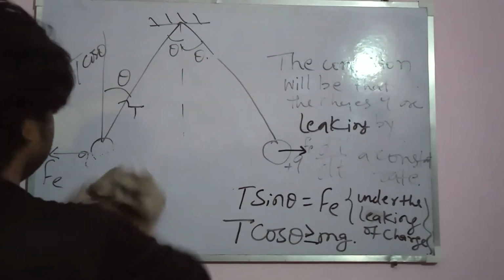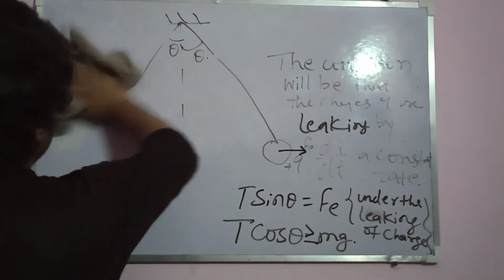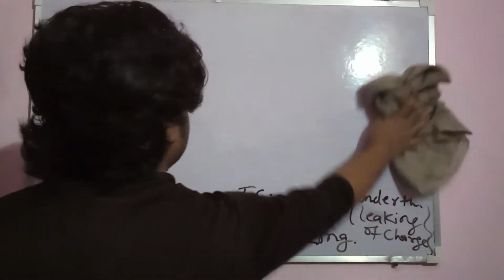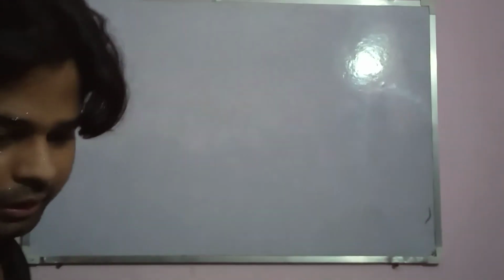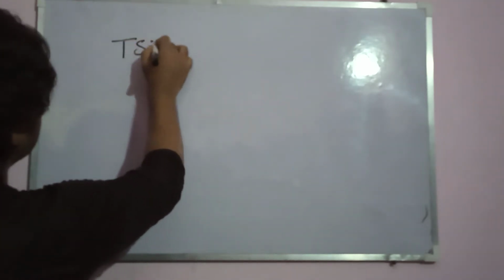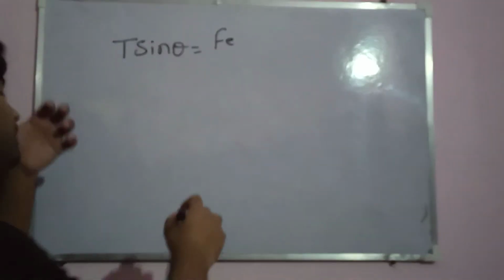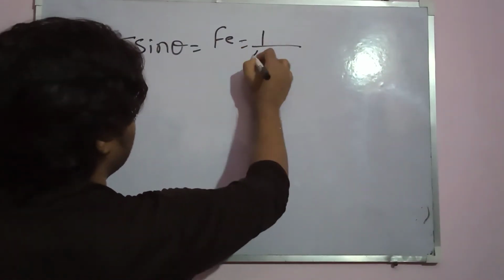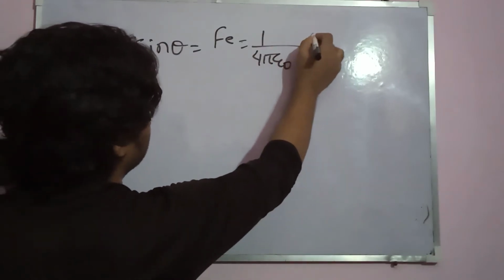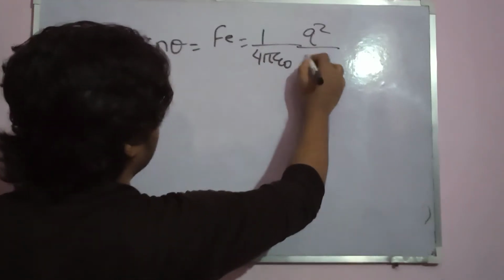Let me raise some portion of this question. At the position only D, in the condition under the circle. So see here what we are going to do: T sin theta is equal to Fe, that is, 1 by 4 pi epsilon naught, q squared by x squared.